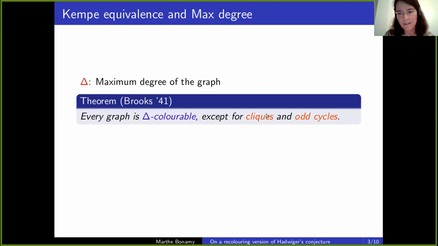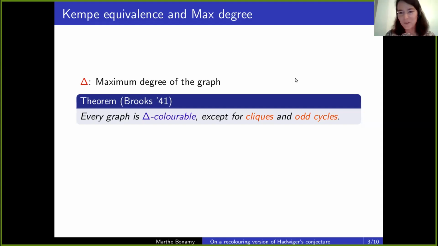You can check easily that if you're a clique or an odd cycle, you cannot get that, but otherwise you can find a delta-coloring. This is one of the first theorems you hear about when you try to see what kind of non-trivial upper bounds you can get on the number of colors you need to color the vertices of a graph.